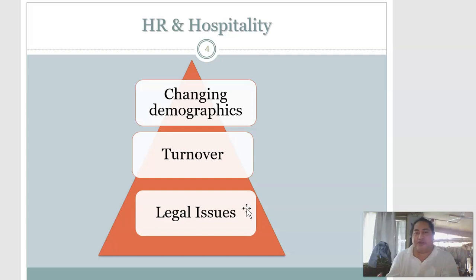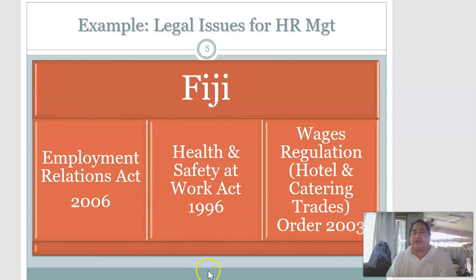So you need to understand the demographics, and where they're from. Are we getting more university students or polytech students or skill students coming on board? To understand that, you need to do some research in these areas as an HR manager.